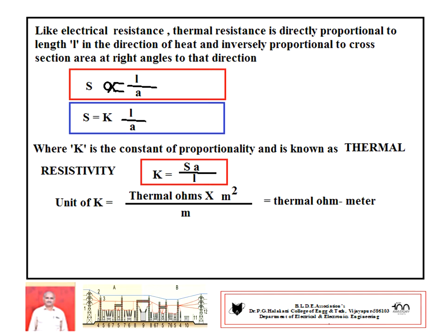Hence thermal resistivity equals thermal resistance into cross-sectional area divided by length. The unit of K becomes thermal ohms into meter square divided by meter, so the thermal resistivity unit is thermal ohm meter, which is similar to electrical resistivity.